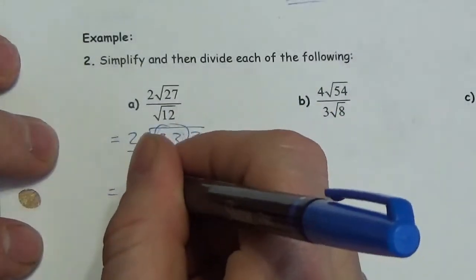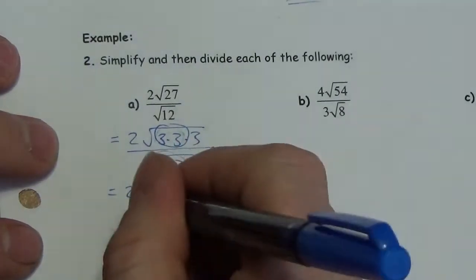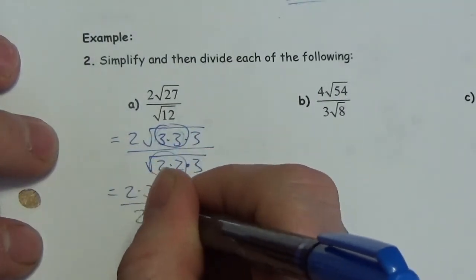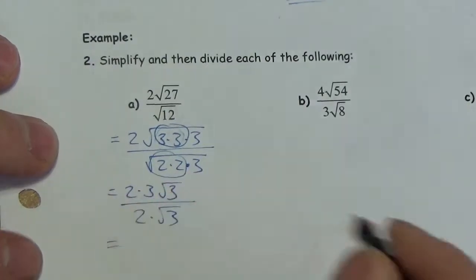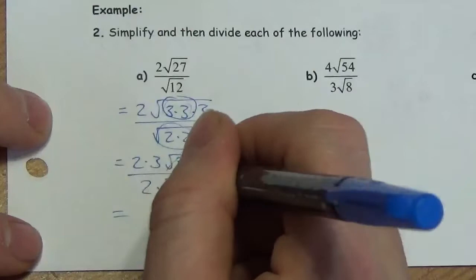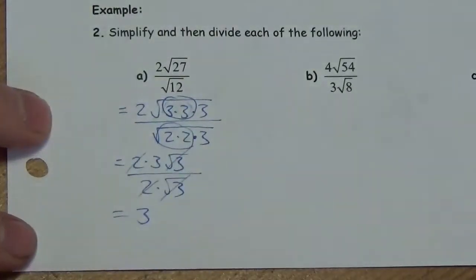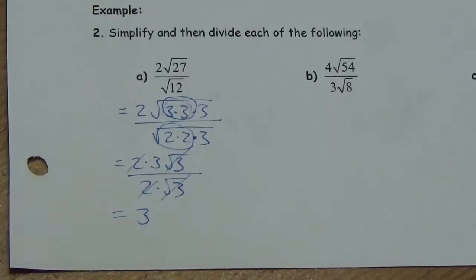So the numerator is going to become 2 times 3 times the square root of 3. And the denominator will be 2 multiplied by the square root of 3. Well, now I can clearly see a whole bunch of things will cancel. Root 3 divided by root 3, 2 divided by 2. In fact, all I'm left with right now is a 3 in the numerator. That became a lot more obvious when I simplified.